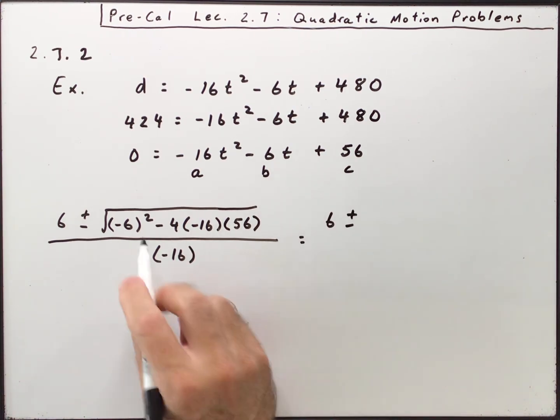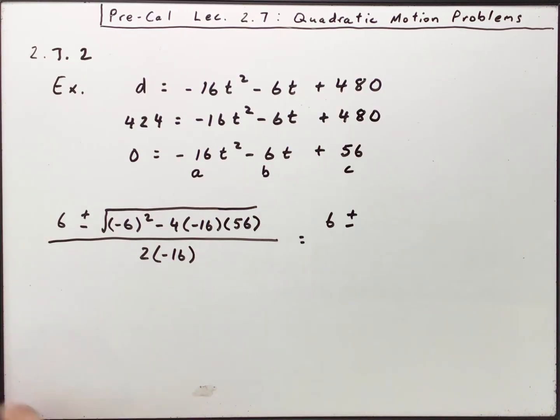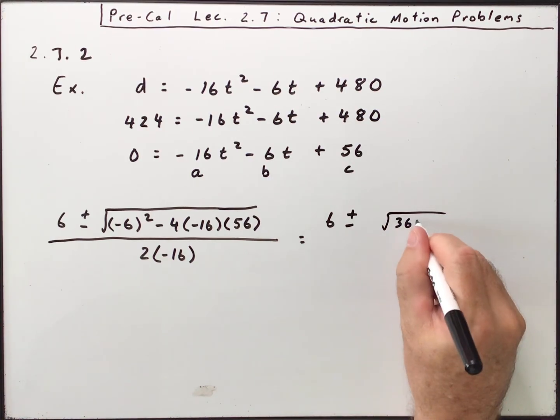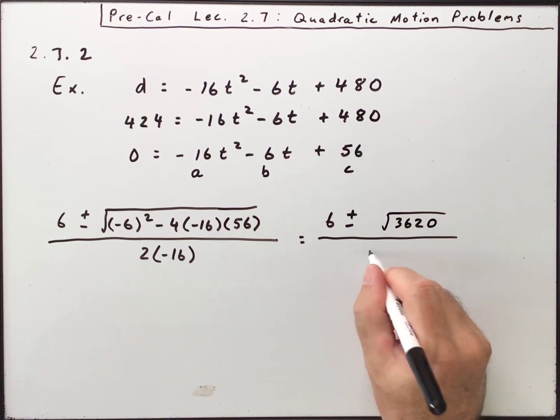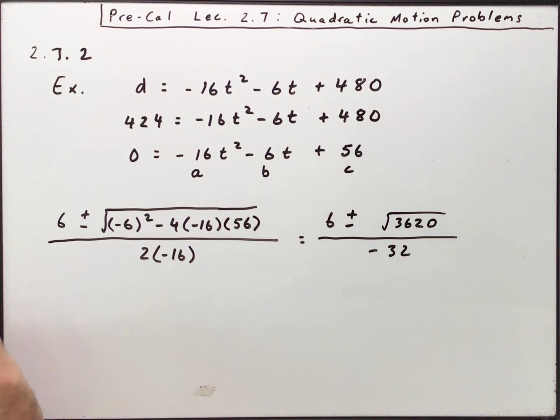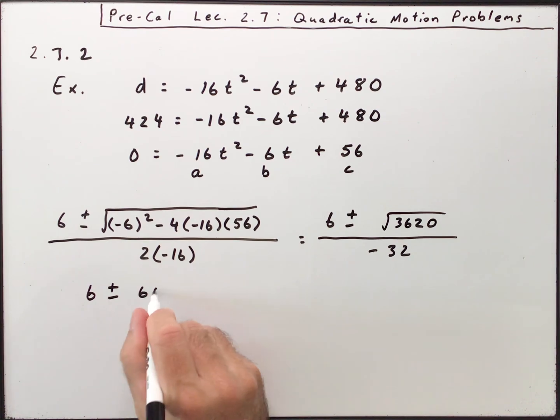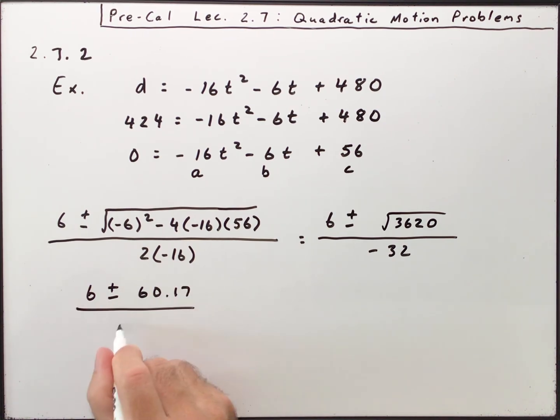So that's 6 plus or minus, so we would have 36 plus 4 times 16 times 56. So that'd be 3620 all over negative 32. So the square root of 3620 is 60.17. So we'd have 6 plus or minus 60.17 over negative 32. Now, I don't even want to bother with the negative answer because we're trying to get time.